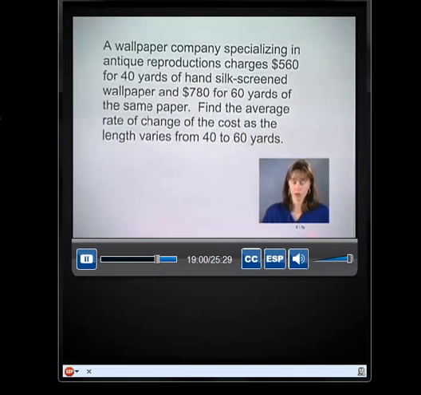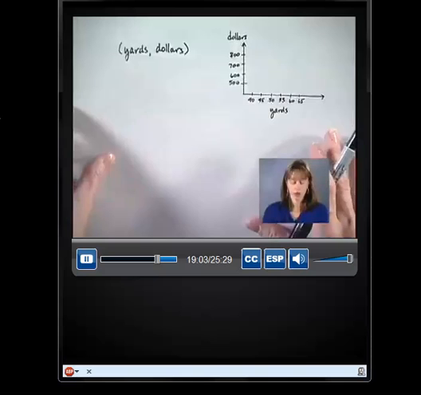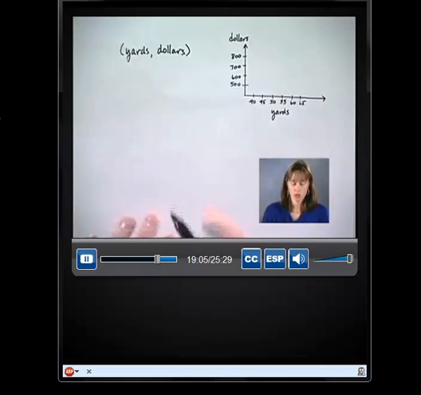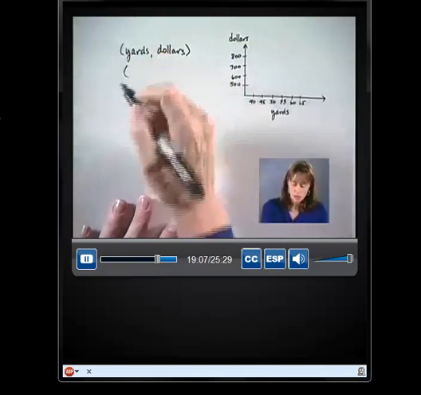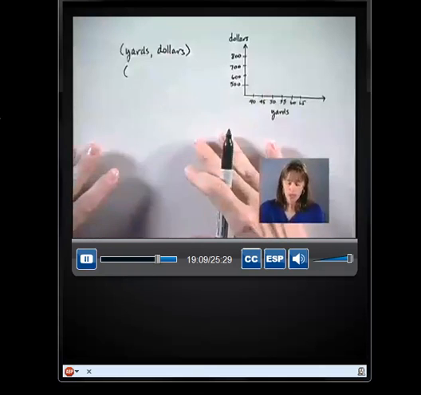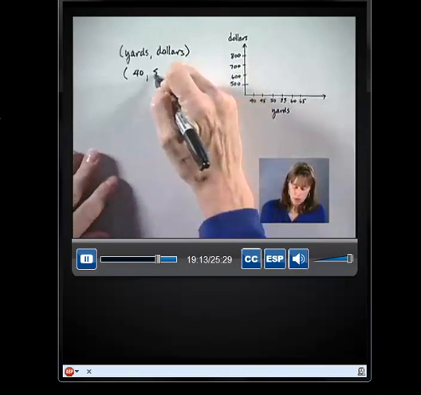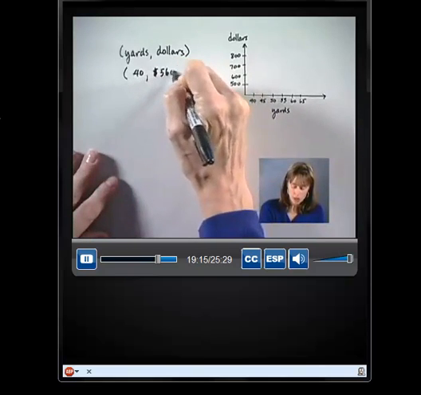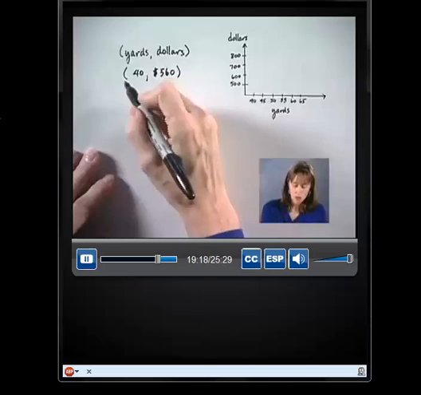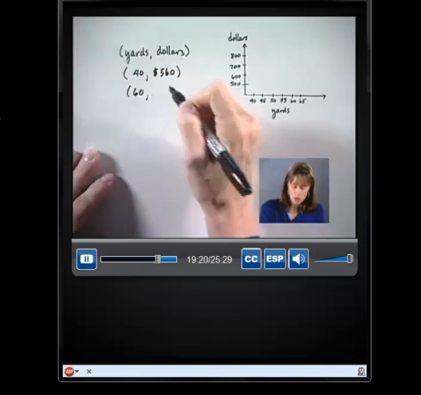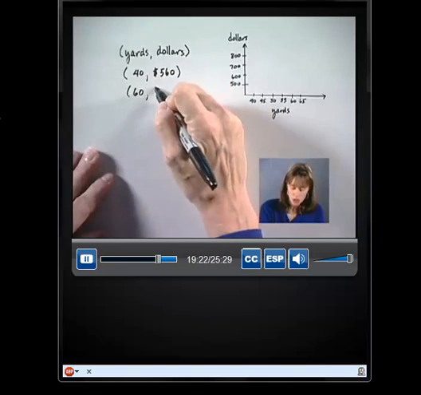as ordered pairs. In the order, yards as the first coordinate, dollars as the second. So if you look back at that example, you'll see that 40 yards corresponds to $560, and I'll write the dollar sign in just for the moment, and 60 yards corresponds to $780.